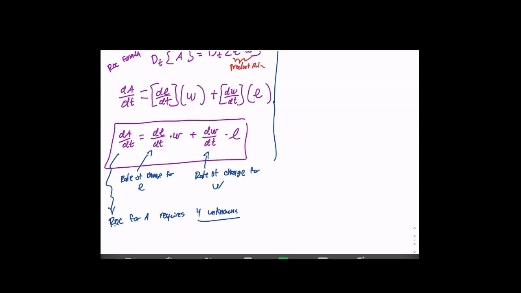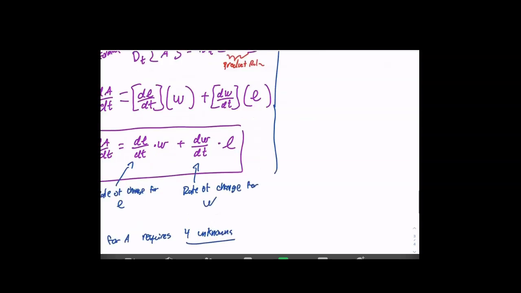So in these questions, I would have to give you 4 pieces of information to find the 5th. There are five variables. dA/dt is a variable. It's an unknown. dL/dt is a variable. W, dW/dt, and L. There are a total of 5. In any of these questions, just like in any math problem, you're going to be given 4 of them, and you're going to be asked to find the 5th.